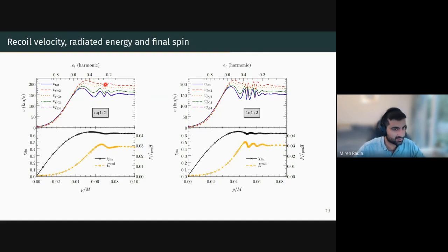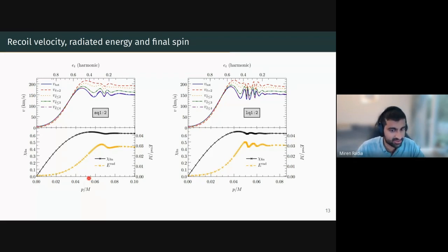for random eccentricity values. So in addition to this amplification and decrease in the kick, we also get this oscillatory pattern, which I've already pointed out, in the kick as a function of the tangential momentum p or the eccentricity. And these oscillations, as I've pointed out, seem to differ in their location from those of the radiated energy and final spin.